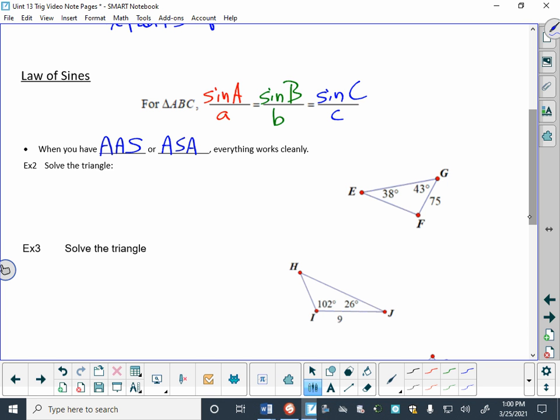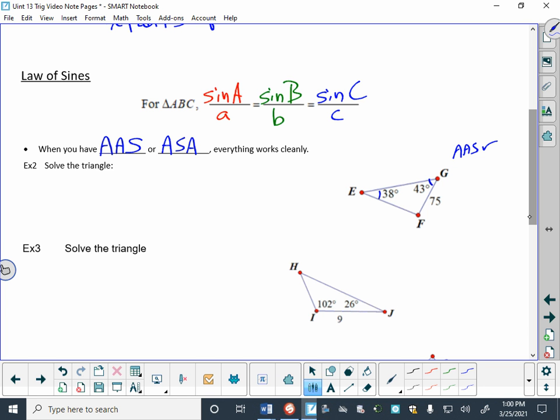So, for example, with this first one, I look at what I have. I've got an angle and then an angle and a side, so this is angle-angle-side. This should work for that.